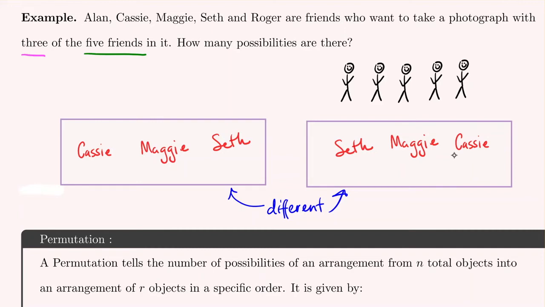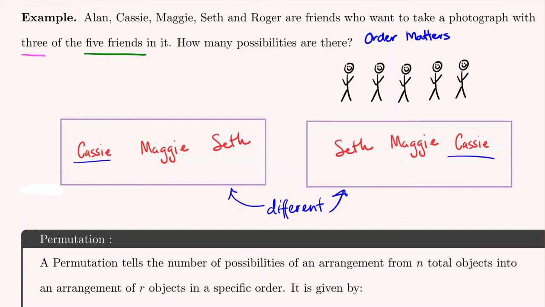So an important thing to note in this example, even though it didn't come out and say order matters, we can think based on the situation that yes, the order that people stand up for a photograph is going to make a different picture, so it's implied that order matters. So going forward, if you deal with a problem, even if it doesn't specifically mention whether order matters or not, you need to think through the situation and think, in that case, would order matter? And in here, it most definitely would, because changing the order of how they're standing up will make a visually different photograph.